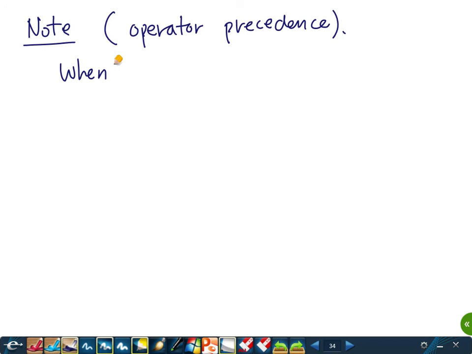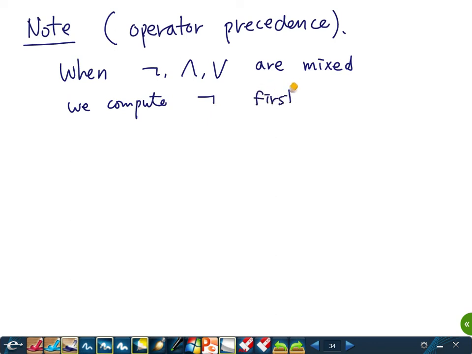We have many propositions, and we can combine them using those operations, and then we can make a pretty complicated proposition. When these are mixed, there is some order. We compute negation first, and then the AND operation, and finally the OR.